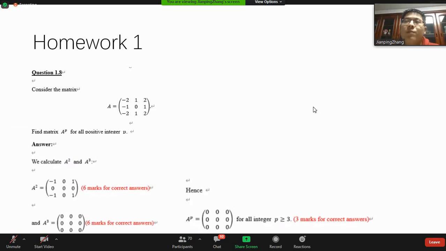We increment p little by little to find out if there is some recursion between them. So we first write down A square, and after that we write down A cube. And surprisingly, we found that A cube is zero.